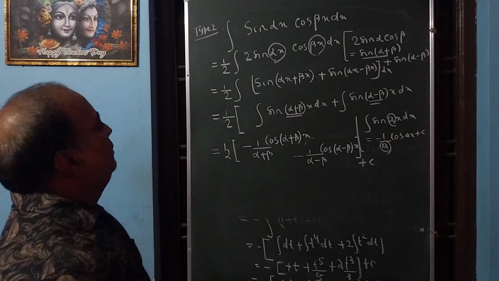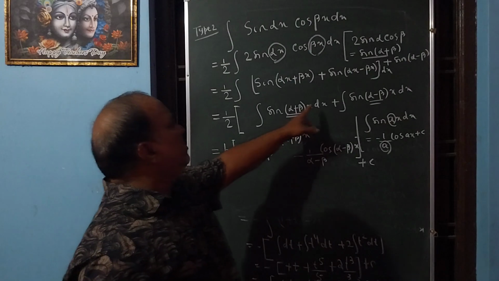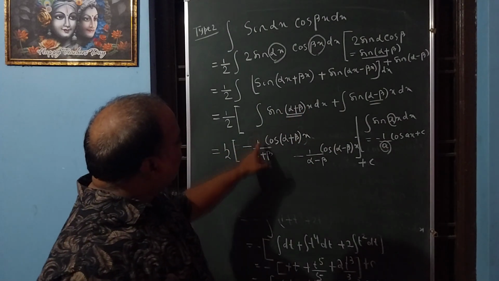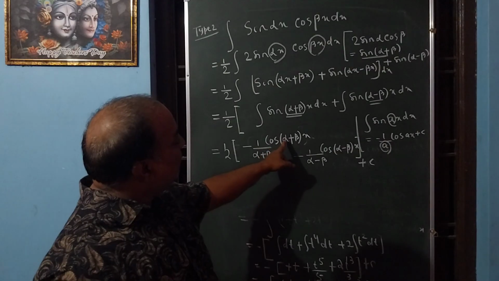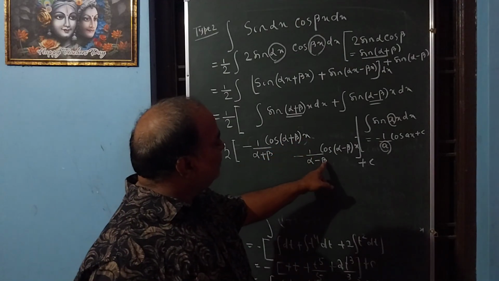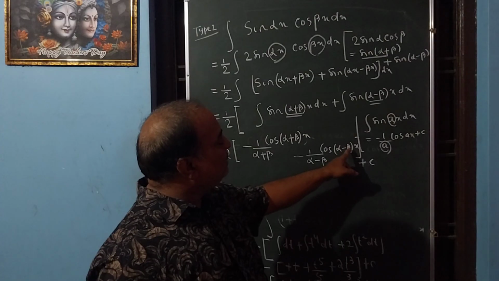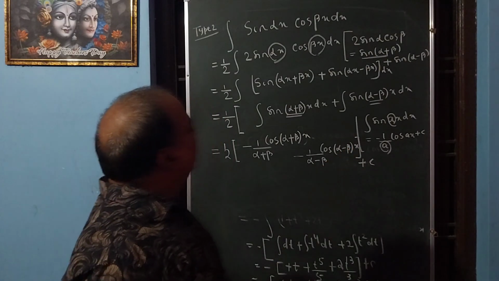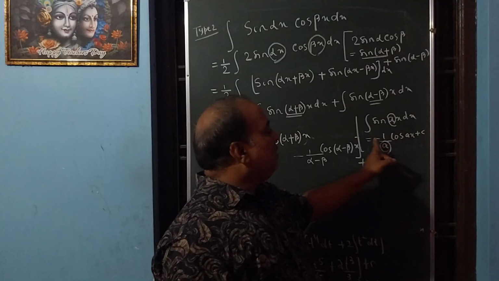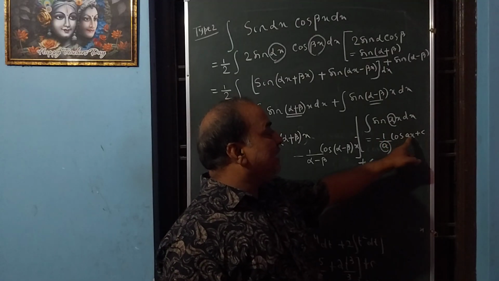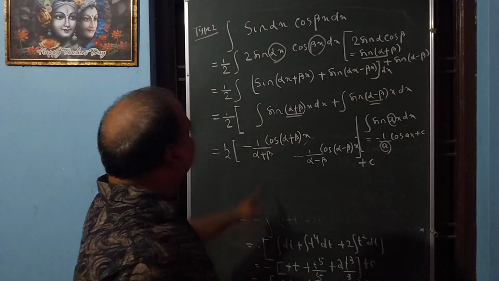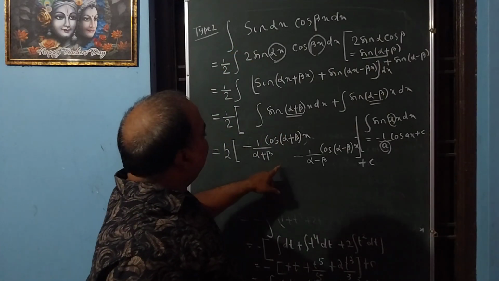Okay, you see here the coefficient of x is alpha plus beta, then the integration will be minus 1 by (alpha plus beta) cos (alpha plus beta) into x minus 1 by (alpha minus beta) cos (alpha minus beta) into x plus c. Okay, the integration of sin ax dx is equal to minus 1 by a cos ax. The coefficient of x will be divided there. So the result will be coming like this.